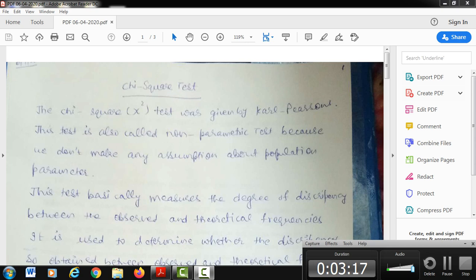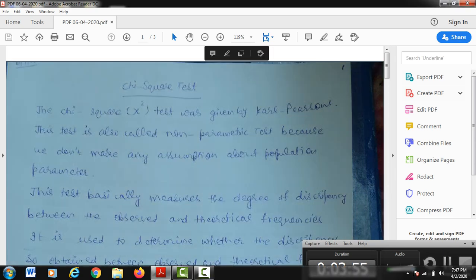As I have told you about the parameter and statistic in my previous lectures when we discussed sampling theory, when the constants are used for a sample, they are known as statistics, and the constants which we use for the population or the large size of sample are known as parameters. So the chi-square test is also called a non-parametric test because we don't make any assumption regarding the population parameter.